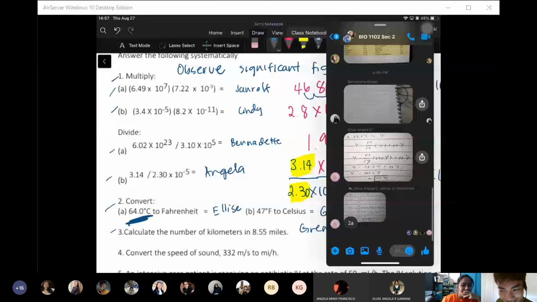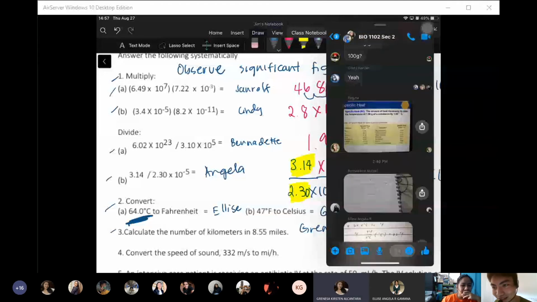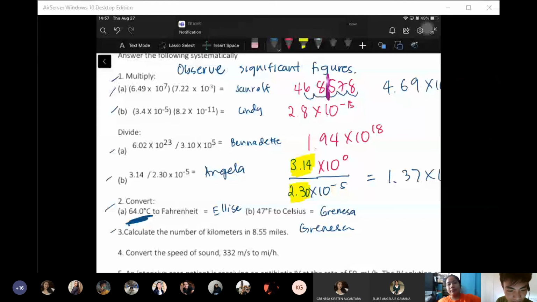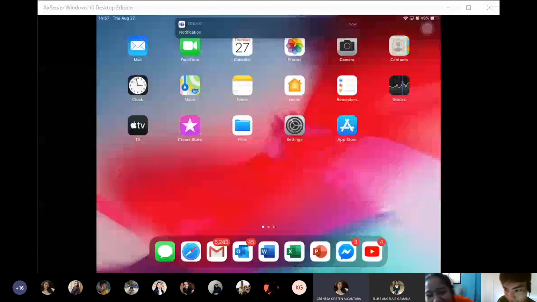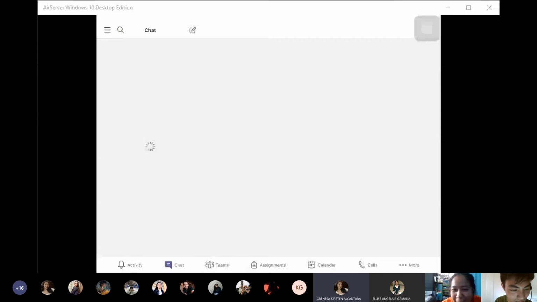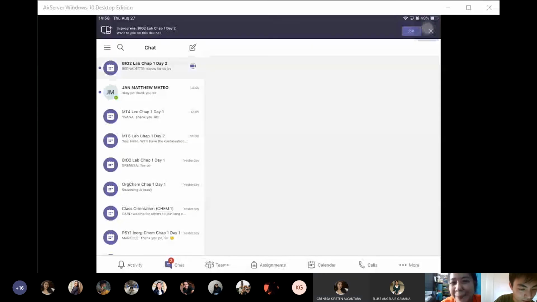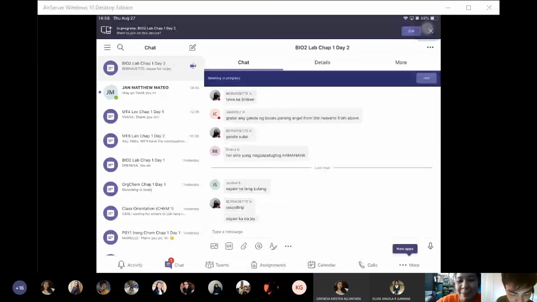Sinend ko po yung sagot dun sa team chats. Nasa team ba? Sige. Hanapin natin. Opo. Teams. Para makita din natin. Sayo ka na lang.